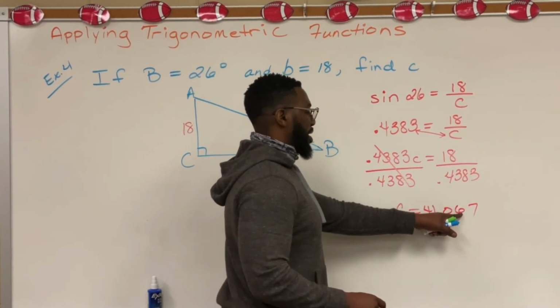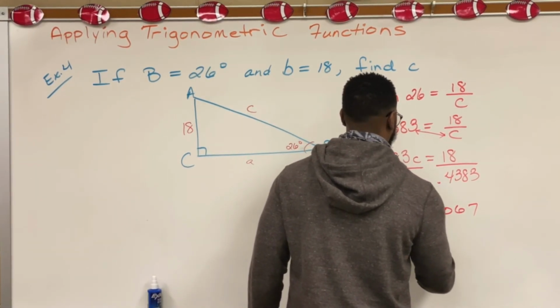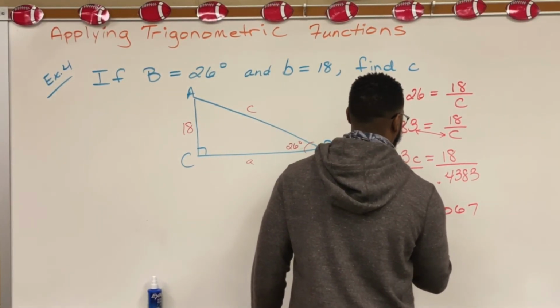Rounded to the nearest tenth, that 6 is going to push that 0 up to a 1. So side C equals 41.1.